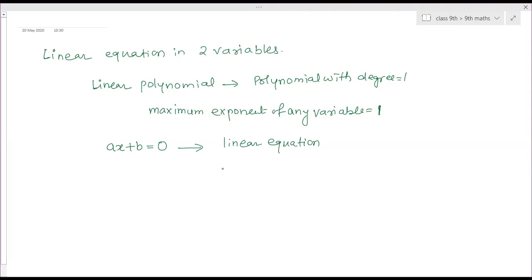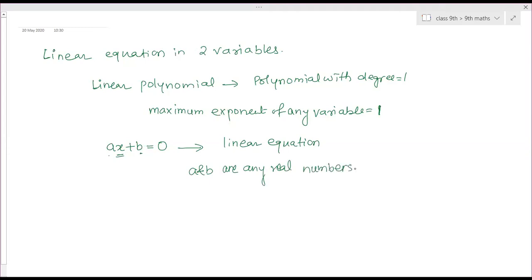The difference between polynomial and equation: a polynomial does not have a value. It is only an algebraic expression in terms of variables and numbers. But an equation means the polynomial has some value. Then that is called a linear equation. Here, x is the only variable, and a and b are any real numbers.